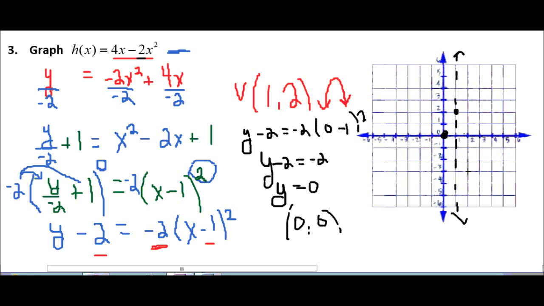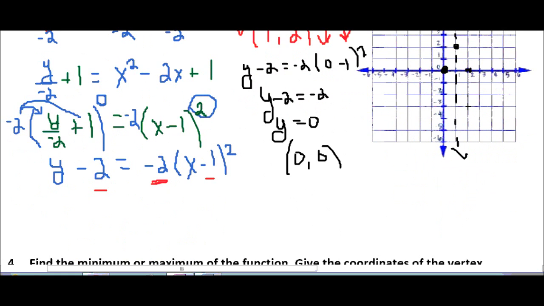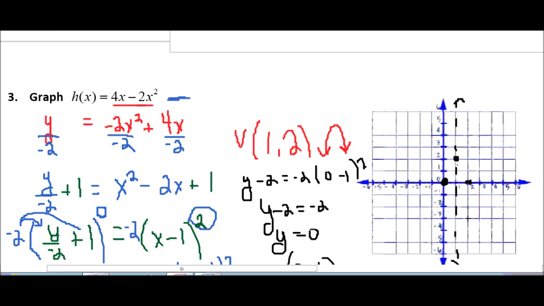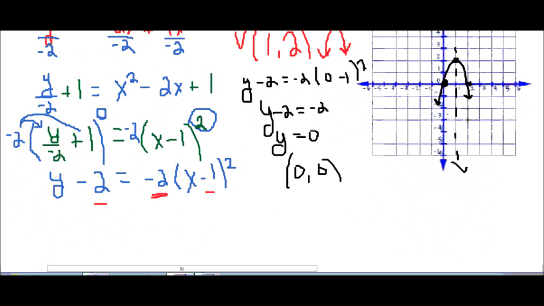And then we can find that symmetric point to that, the one that's directly opposite it across the axis of symmetry. And then you have your parabola. So it opens downward like that. And in this case, we actually easily found, without doing a lot of work, if you were asked for your x-intercepts, we actually found them. Okay? And in this section, they don't ask you for all the details like they did in 7.5.